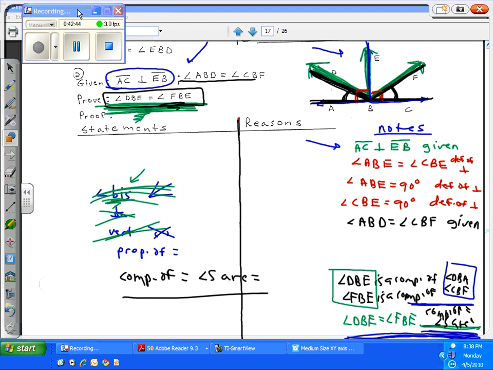And so we see that these two angles are complements of two other angles. But if we're going to say that they're complements of other angles, we have to have a reason for that. Now, the only reason we can say something is complementary is by definition of complementary. So the reason for that has to be definition of complementary angles.